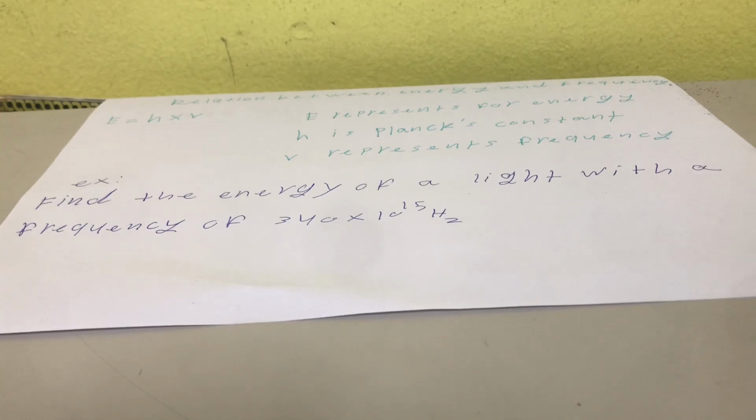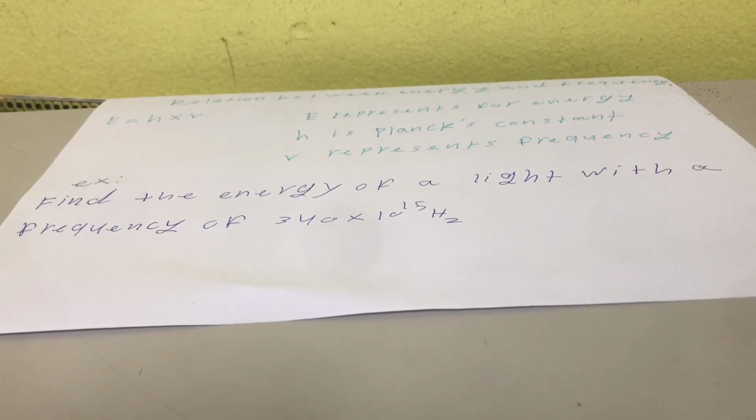Relation between energy and frequency. The formula is E equals H times V, where E represents energy, H is Planck's constant, and V represents the frequency. Now, what is Planck's constant?